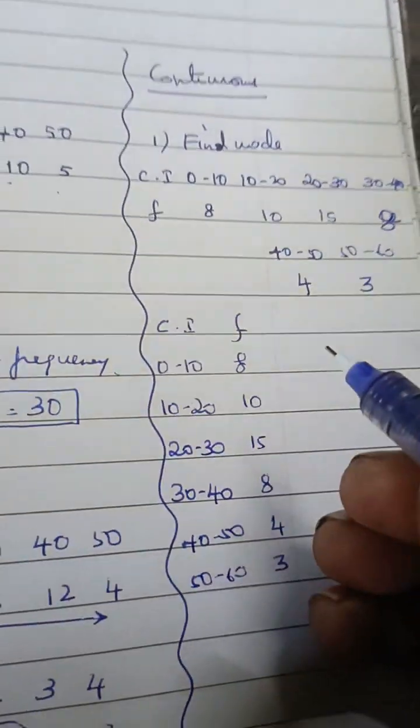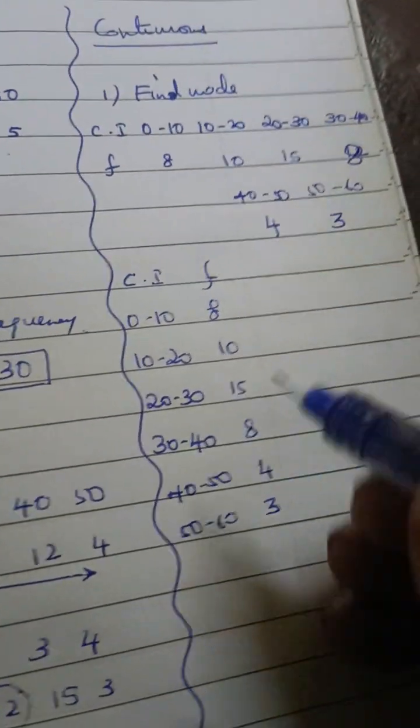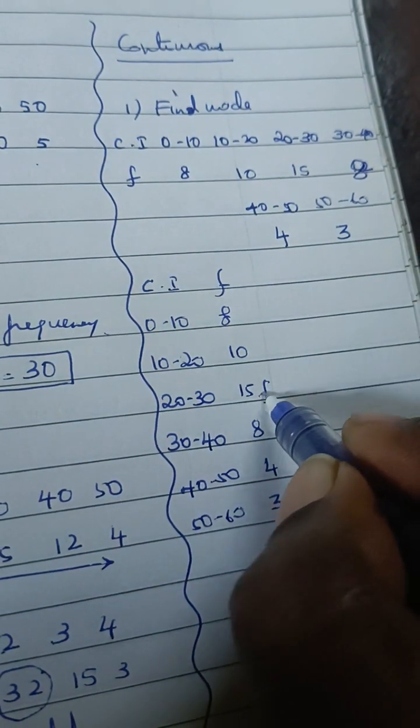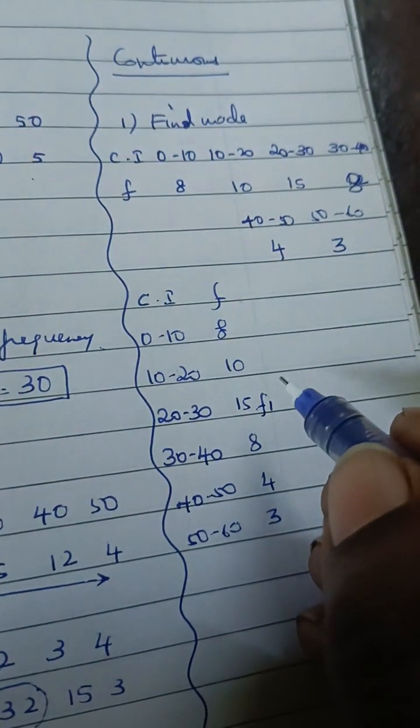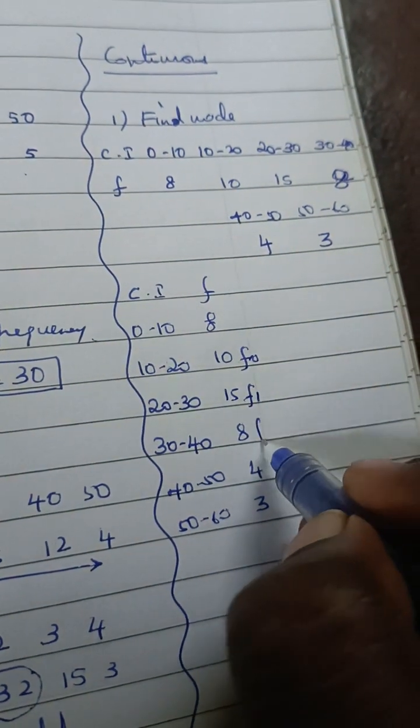Now we are going to first mark the values. The highest frequency is F1, the one before that is F0, and the one after that is F2.